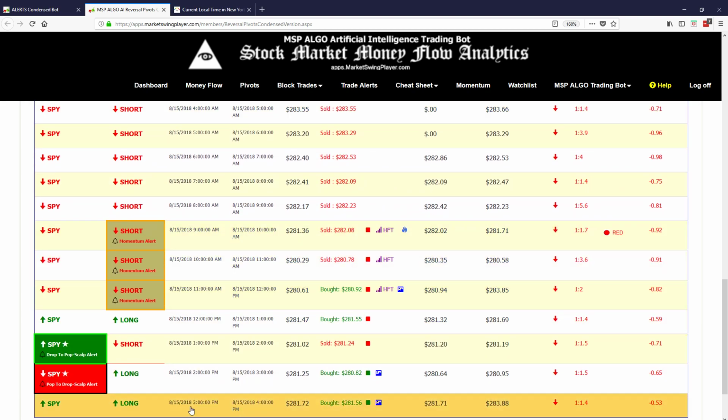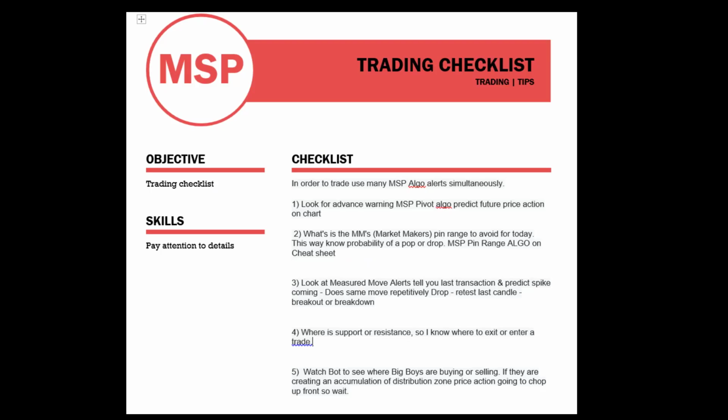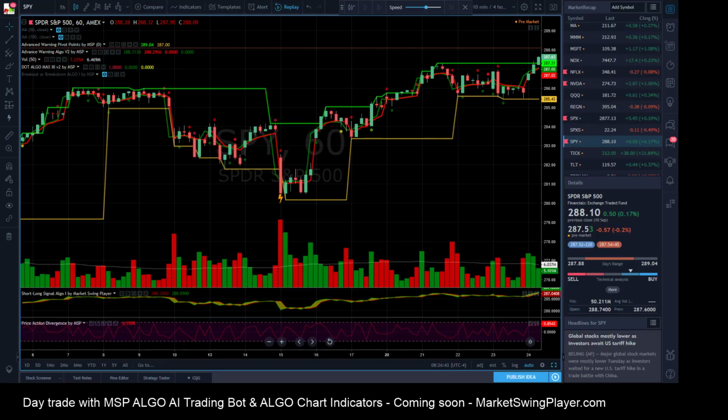So let's go back to our checklist. So we could see where they were creating an accumulation or distribution zone, and we could see where support or resistance was. So let's go in and put some lines on our chart where that accumulation or distribution zone is being created.